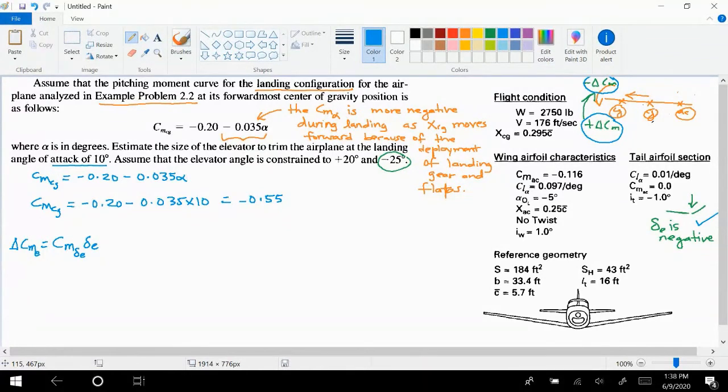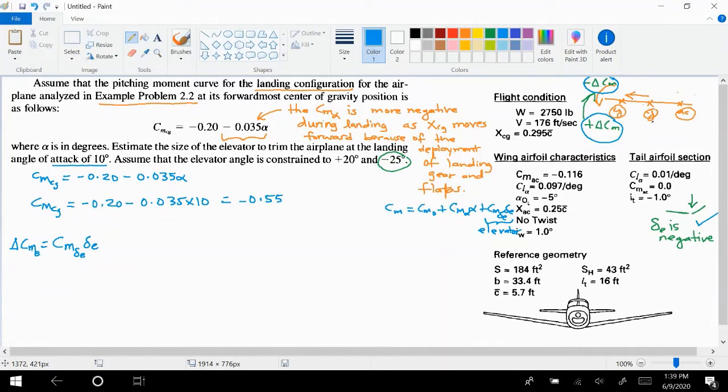Just to make you more comfortable with this, think about the equation for Cm. The equation for Cm was Cm0 plus Cm alpha alpha plus Cm delta E times delta E, and this is the part that comes from the elevator. Here we are talking about generating some positive moment using the elevator.